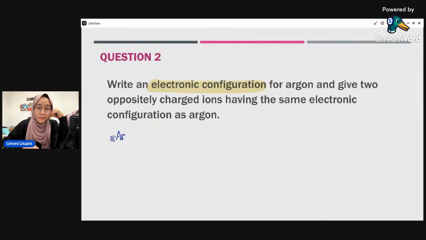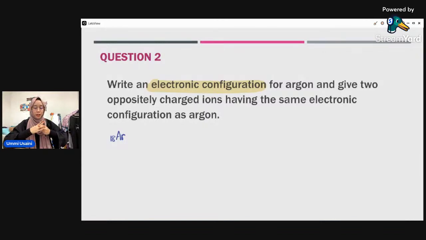Kalau lecturer kamu ajar half-headed, guna half-headed. Kalau guna yang full-headed, then guna full-headed. Tapi jangan campur-campur. If you are using a full-headed, semua full-headed. Kalau kamu guna half-headed, semua half-headed. Okay? Alright.